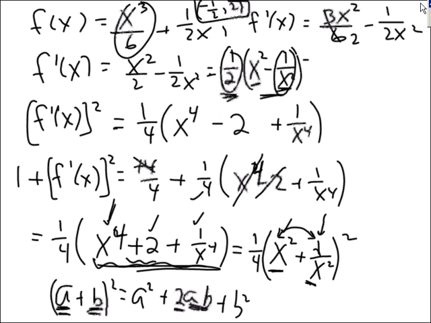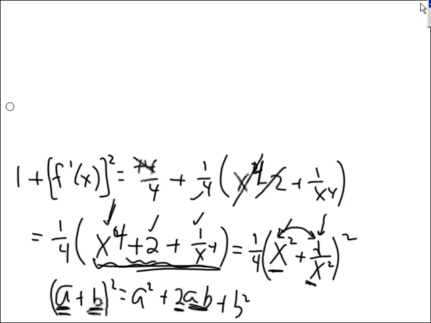So we have the 1 plus the derivative squared. Now, one of the tricky things you have to realize is the following. A lot of people get caught up here. They think if you have x squared and you take the square root, you get x.